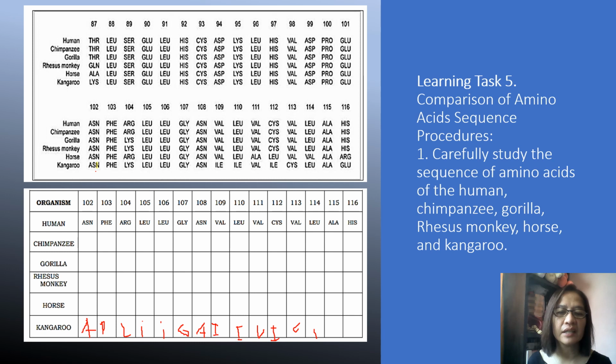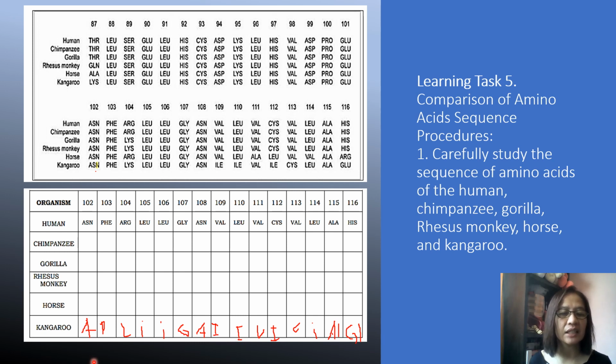So, small I. 115, alanine. And then, 116, glutamic. Ngayon, after nating mapuno yan, bibilangin ngayon natin yung pagkakaiba ng amino acid ni human kay kangaroo.